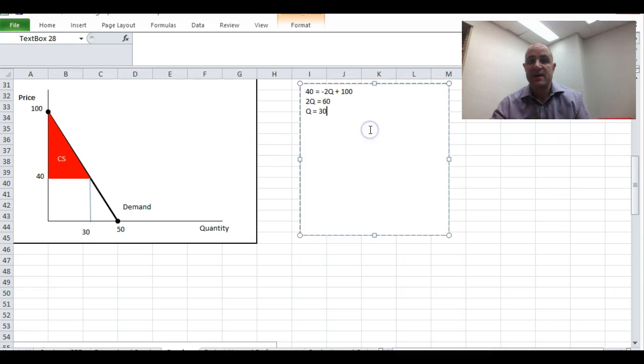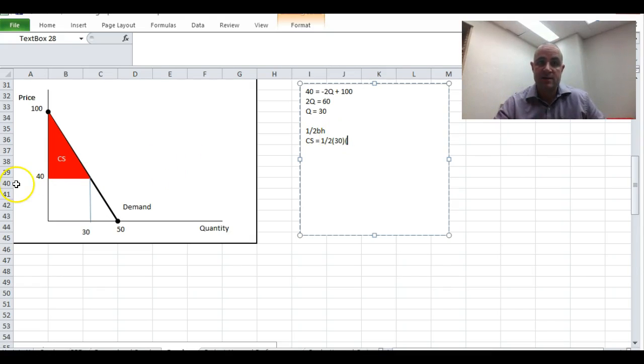How do you calculate that? All right. Well, if you look at this, what do you have? You have a triangle. The area of a triangle is 1/2 the base times the height. And so your consumer surplus is 1/2. That base goes from 0 to 30, so it's 30.